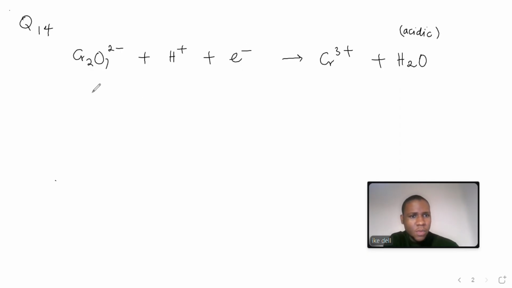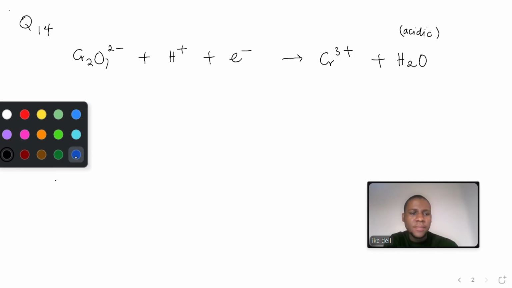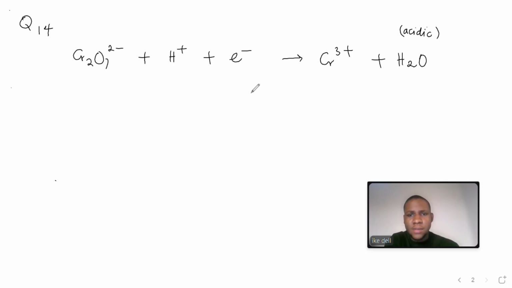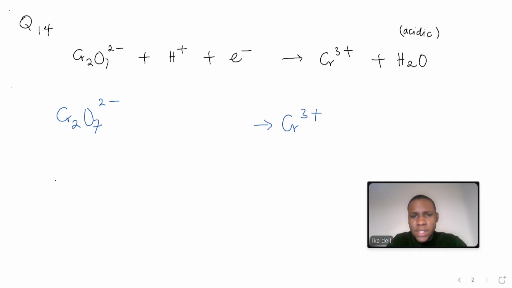First off, we would want to write out the equation again, but I would not write everything. I would just write Cr2O7 2 minus, I'll give some space here and then I'll write Cr3 plus here. Okay, so now listen closely.